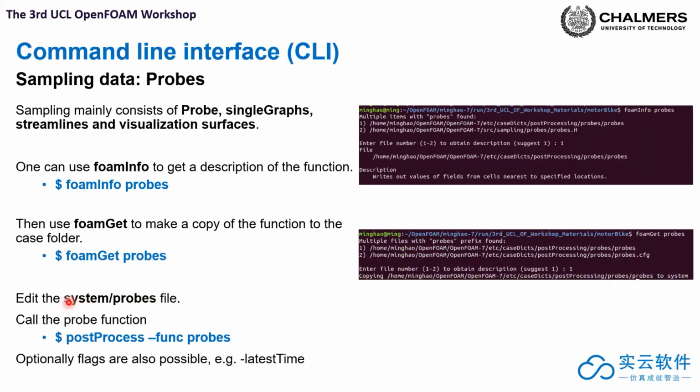So the next step is you copy the default or predefined configuration files from the built-in etc postProcessing folder. Then you need to edit it according to your needs. And after the modification, when you want to use this function, you run the command postProcess -func probes.